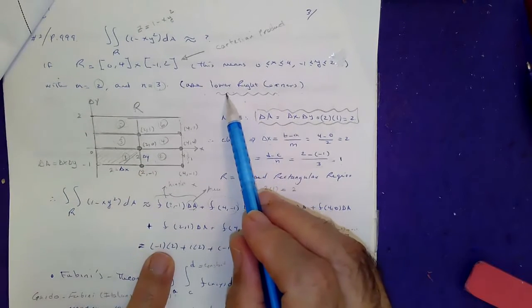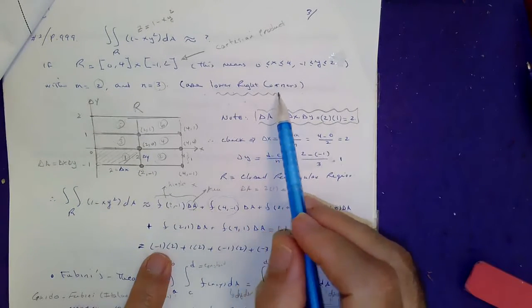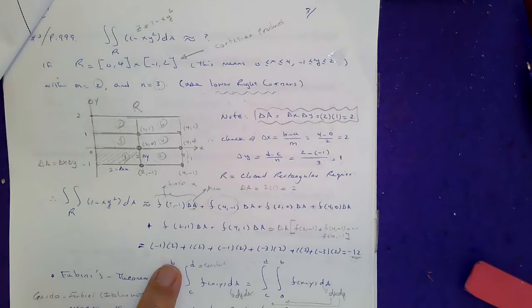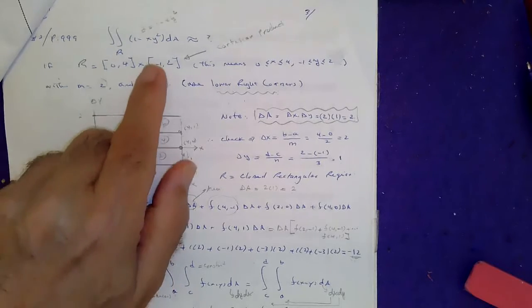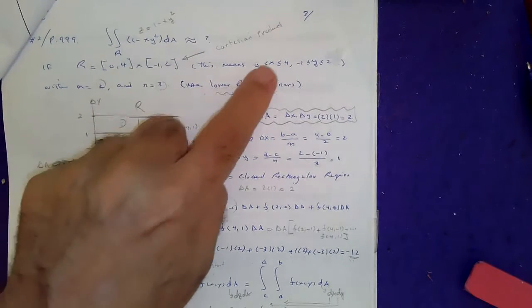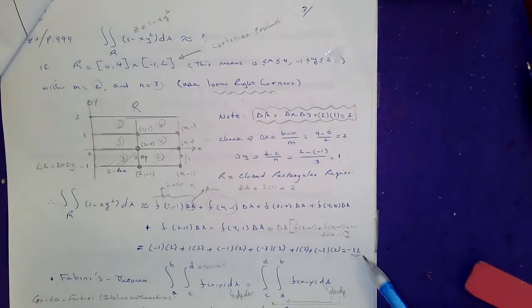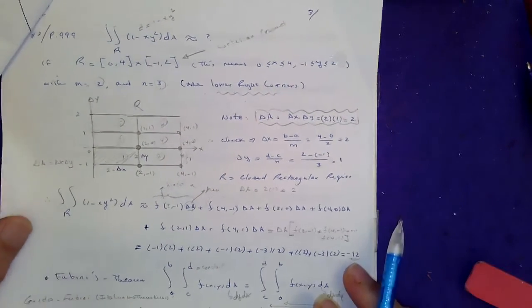In this case, you were told use lower right corners. And lo and behold, when you do the math, you get negative 12. Remember, I told you this is not a volume problem because the function is not positive over this region. So it's okay to come up with a negative answer.